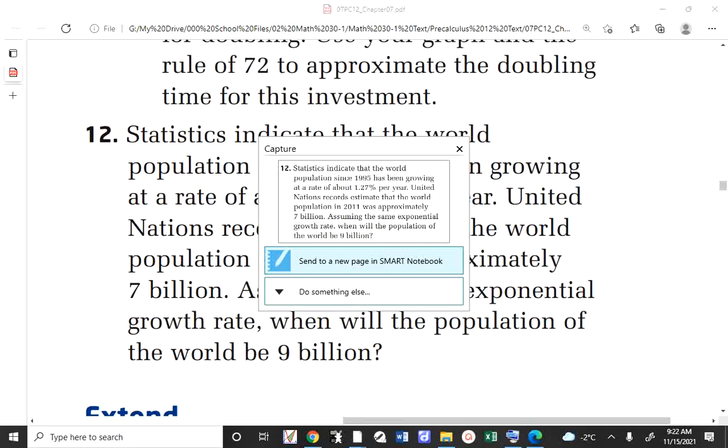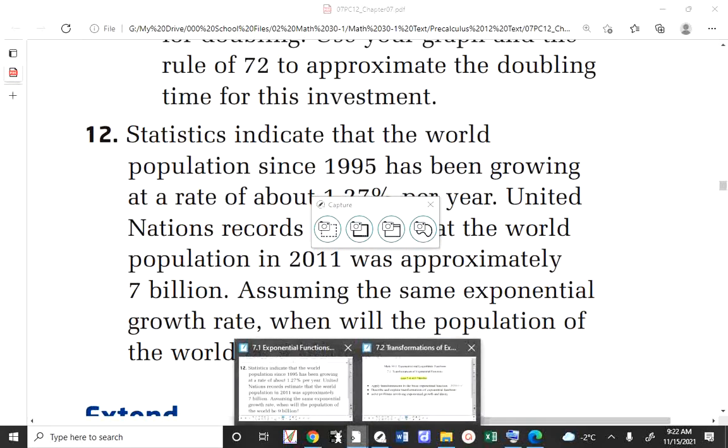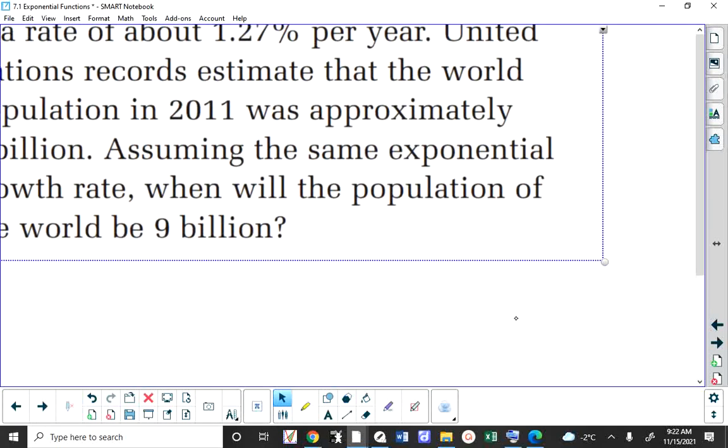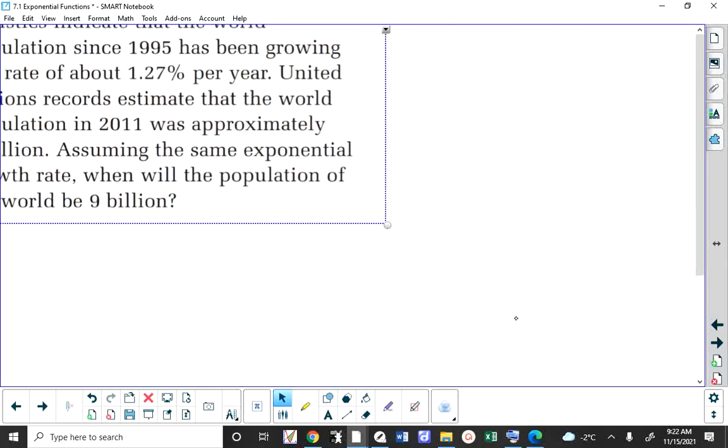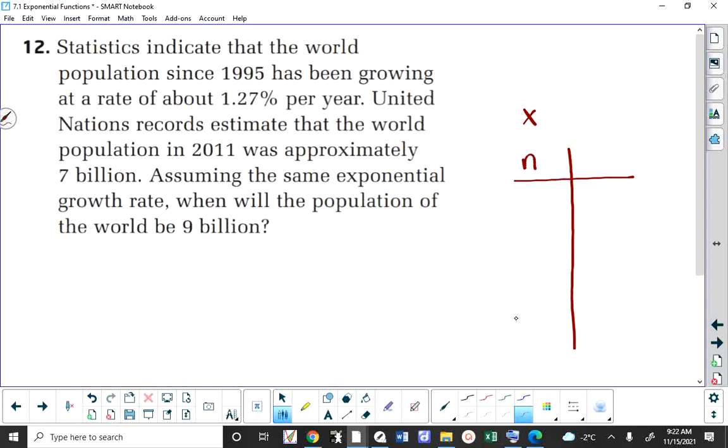And this is a good example to use to learn something, which is that when you start talking about x, which is really going to be n for year, and y, which is really going to be population, you don't want to assign x the actual year.